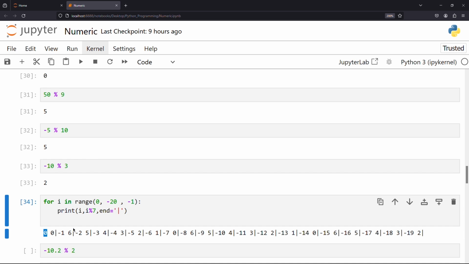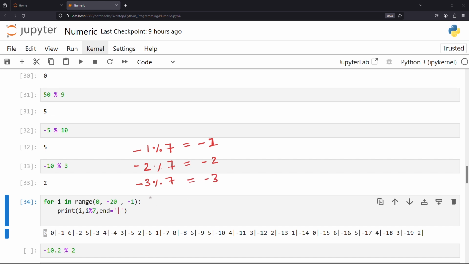Let me show you this. Basically, minus 1 mod 7 will be minus 1. Similarly, minus 2 mod 7 will be minus 2. And minus 3 mod 7 is minus 3.